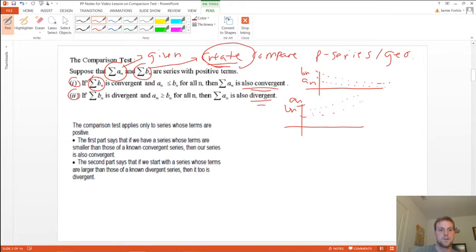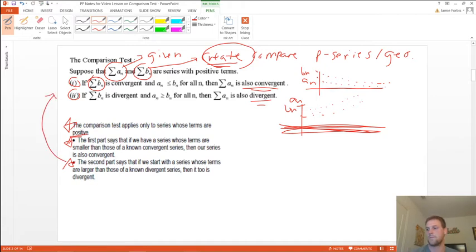But yeah, so right here it says the comparison test applies only to series whose terms are positive. So that's usually above the x-axis. And these are just putting into two different phrases what's being said above.